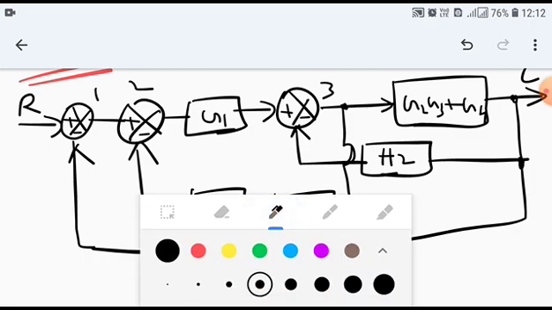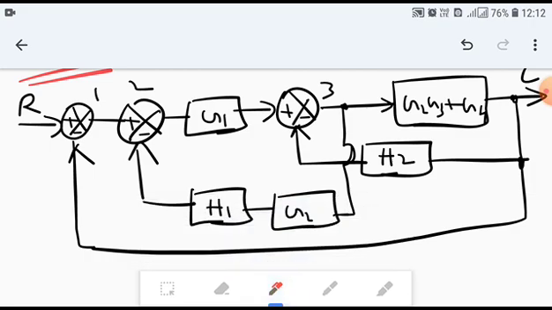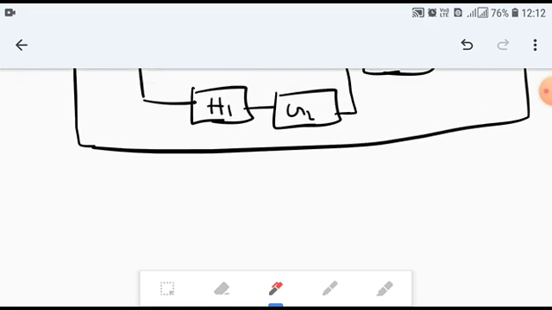Now some adjustment again we are going to do here, moving the summing point before the block. Now we are going to move summing point 3 before the block G1. That will be our step 3. So I will write that step.